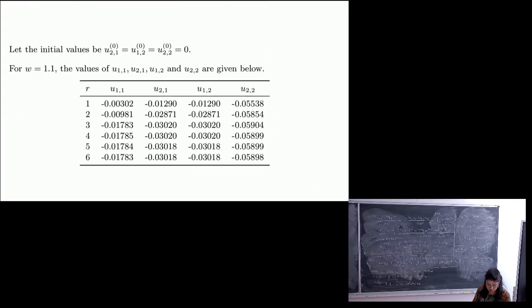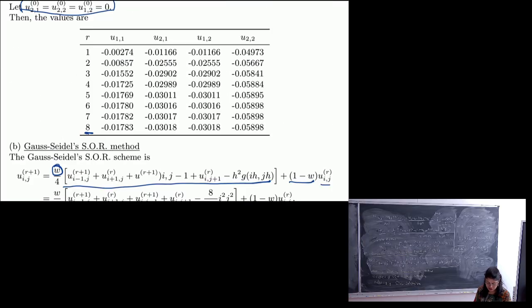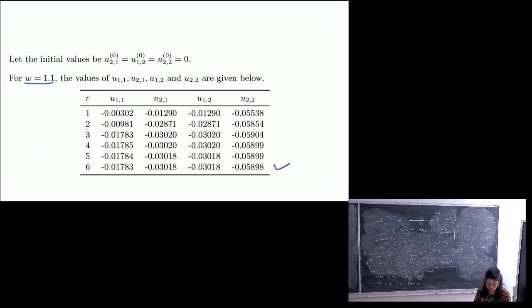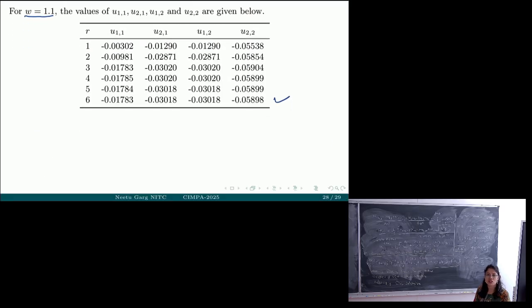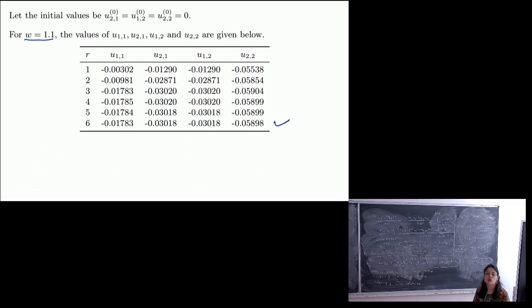So what we can do here, let's take again the value of omega as 1.1 and we will get the solution in 6 iterations. So we can compare both: the same solution by the Gauss-Seidel method I am getting in 8 iterations, and by the SOR method I am getting the same solution in 6 iterations by taking omega equal to 1.1.